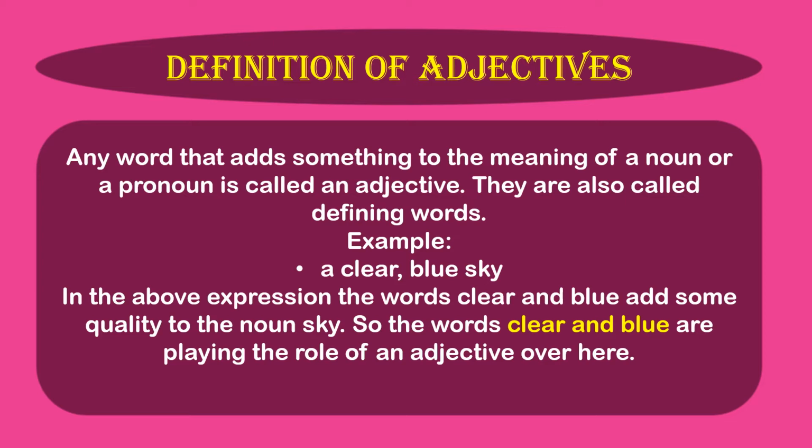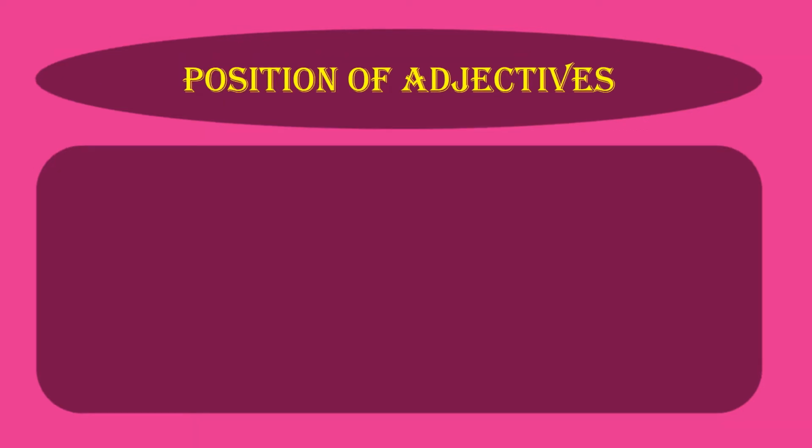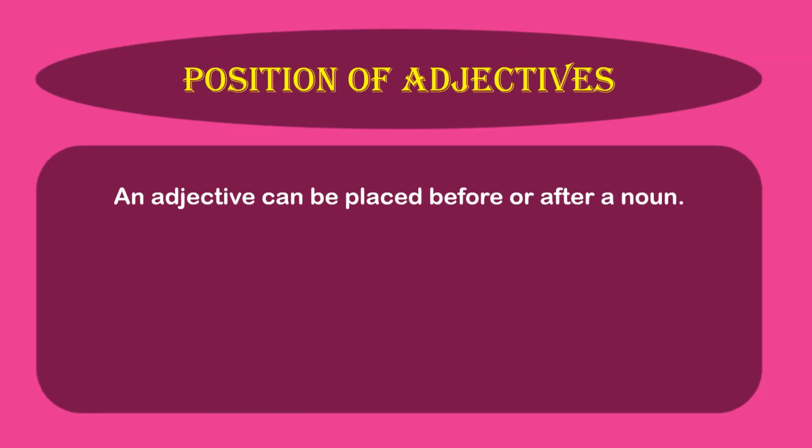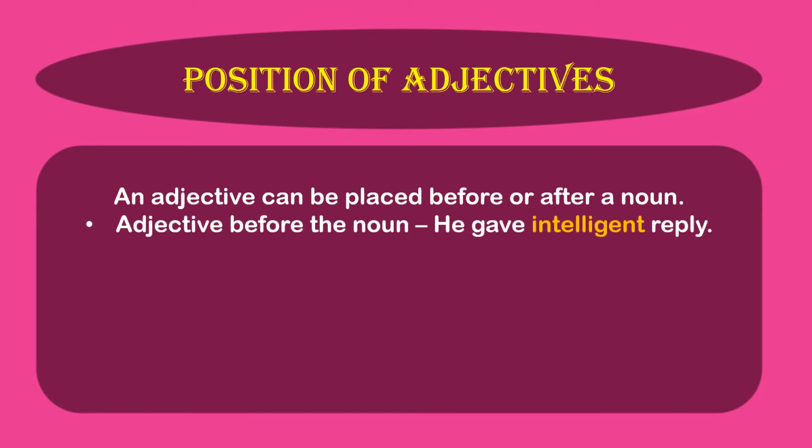And most of the times adjectives are before the nouns only. Okay, sometimes they are after the noun as well, but they are directly related to the noun or pronoun. Now look at the position of adjectives. An adjective can be placed before or after a noun, as I told you. So here you can see the adjective before the noun: he gave an intelligent reply. Here reply is the noun.